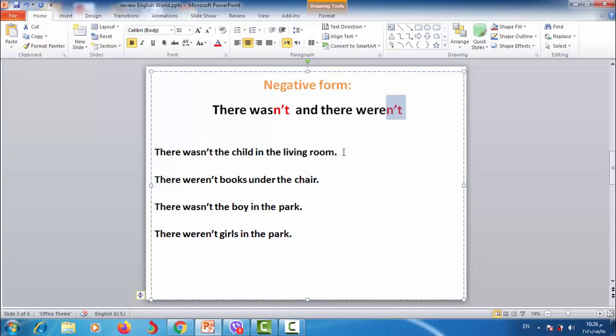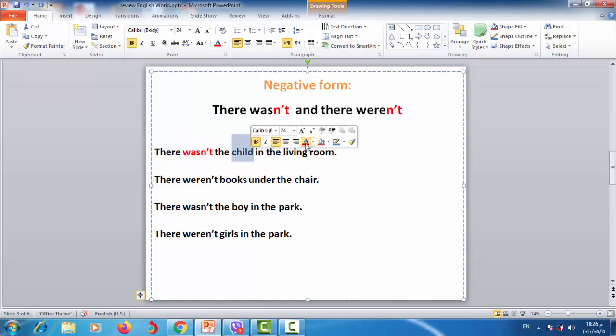A negative means no, as you know, it means there wasn't anything, or there wasn't the thing that we want to know. There wasn't a child in the living room. Why wasn't, and why not weren't? Because we have child.